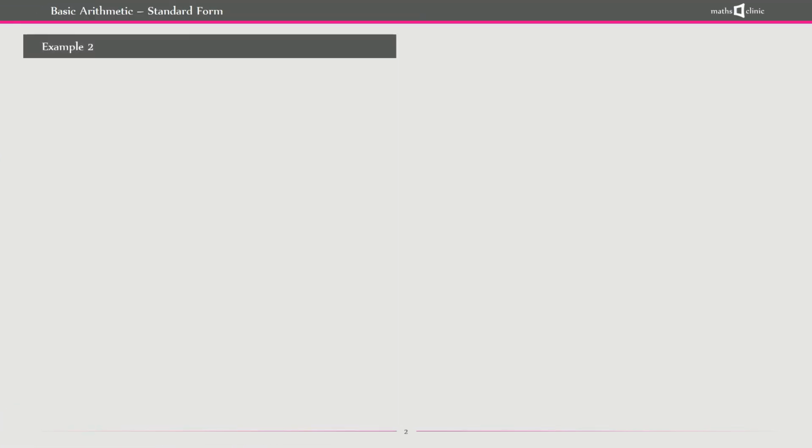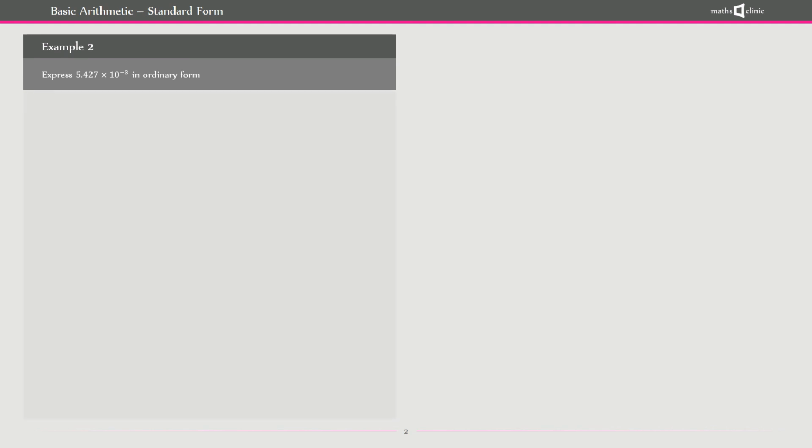Example 4. Example 4 says express 5.427 times 10 to the power of minus 3 in ordinary form. We have just one step.